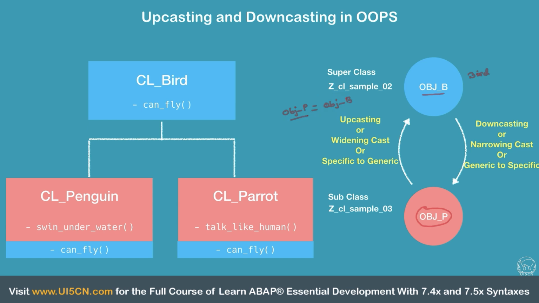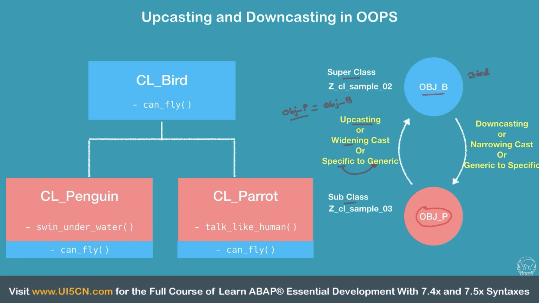When I'm trying to convert the subclass to the superclass, this is called upcasting, also known as widening cast, because I'm going from a specific, the parrot and the penguin being specific cases of a bird, to a more generic example, which is the bird.